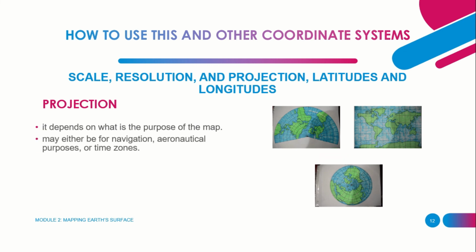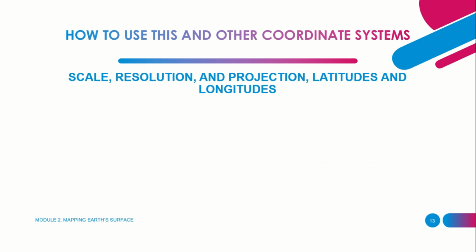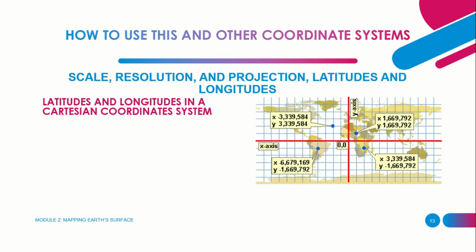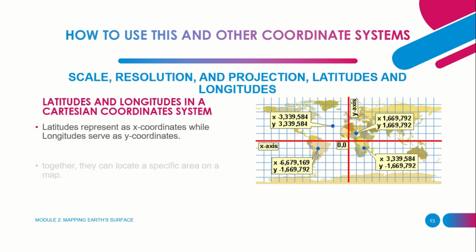It may either be for navigation, aeronautical purposes, or time zones. Latitudes and longitudes in a Cartesian coordinate system: latitude is represented as x coordinates, while longitudes serve as y coordinates. Together, they can locate a specific area on a map.